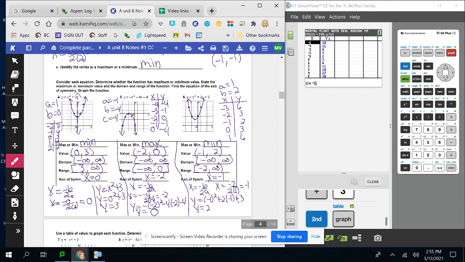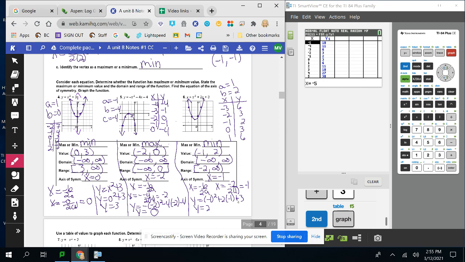So again, number 5, I made my table, plotted my points. A equals -1, B equals -4. Because a is -1, that tells me it's a maximum. That helped me find my axis of symmetry by substituting, and it became a -4 over 2 times -1.